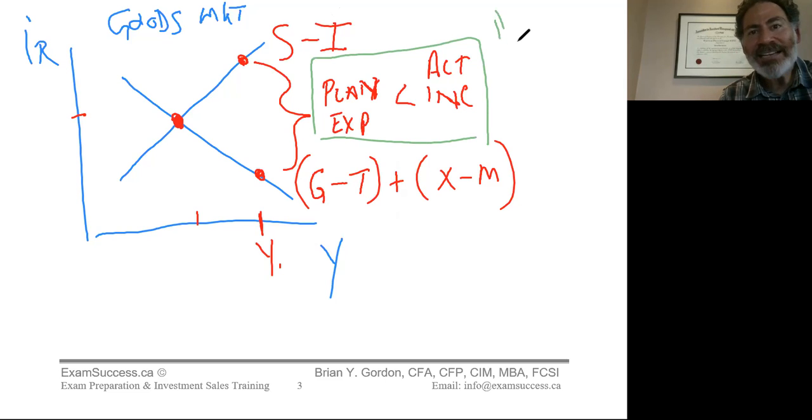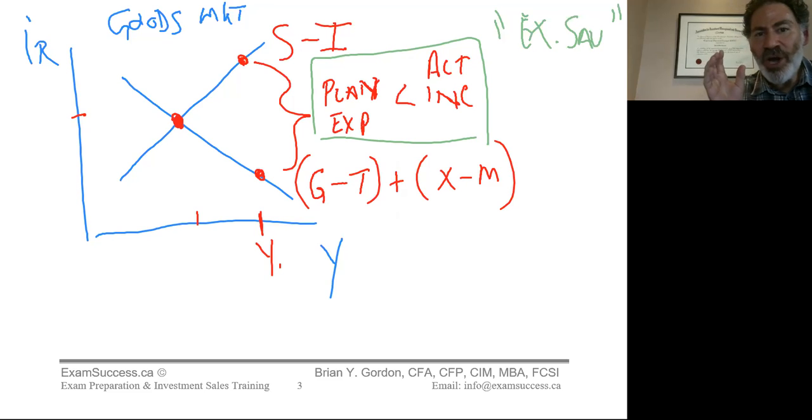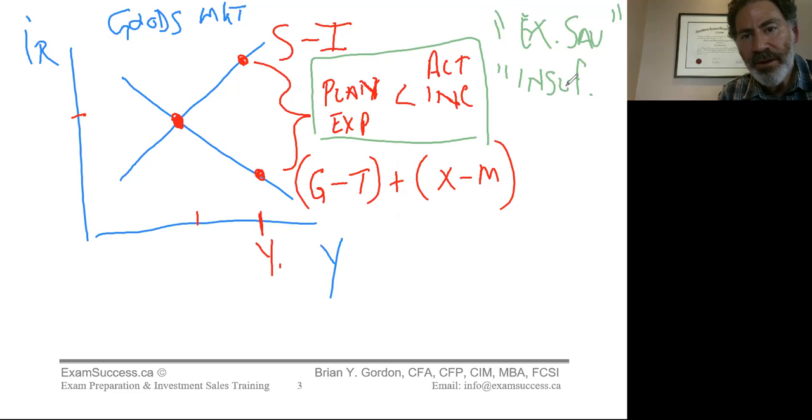There is an excess of savings. I didn't write it in there. So an excess of savings, or they might use the language insufficient. Boy, my handwriting is terrible. Let's make sure you can read it here.